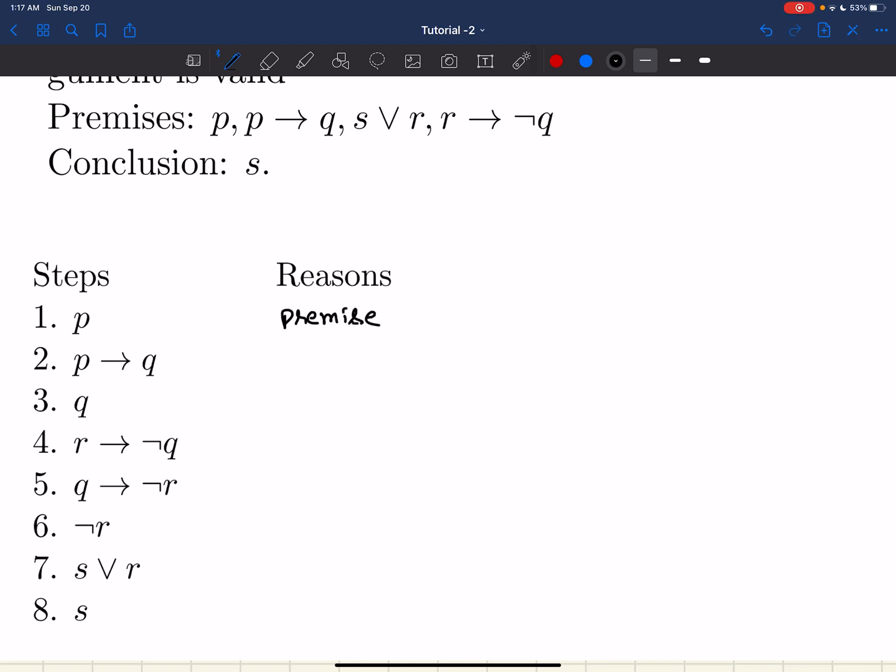The second step is P implies Q, it's again a premise. The third one is Q. So from the first step we have P, the second step is P implies Q. So third is Q, which is using modus ponens on step 1 and 2.